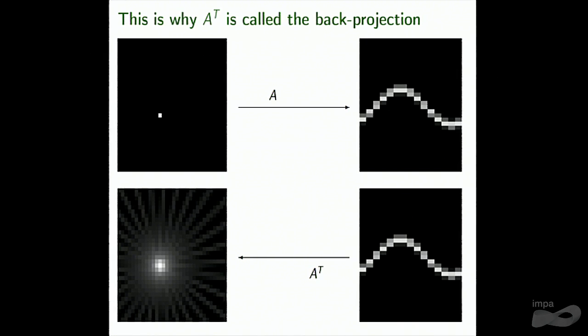You can see here the X-rays in different directions in this geometry we are using. That's why it's called the back projection to one point. We are taking all the information we have that's traveling through this point.